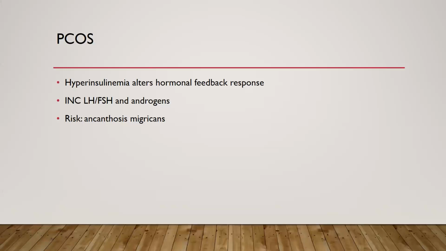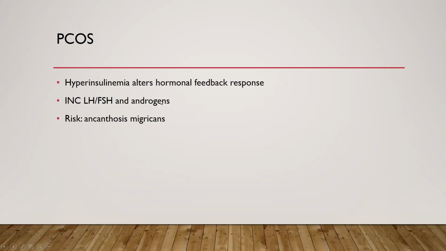But that hyperinsulinemia or insulin resistance, the hypothesis, we haven't confirmed this mechanism, is that it alters hypothalamic hormonal feedback responses. You're going to see an increased LH to FSH ratio, as well as increased androgens like testosterone.